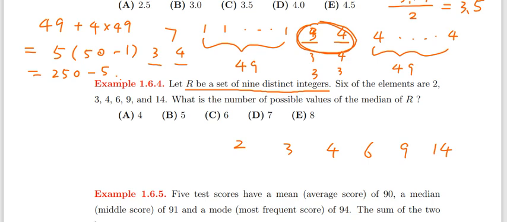So R is a set of 9 integers, and we have only 6 of them. Let's say, what is the number of possible values of the median?